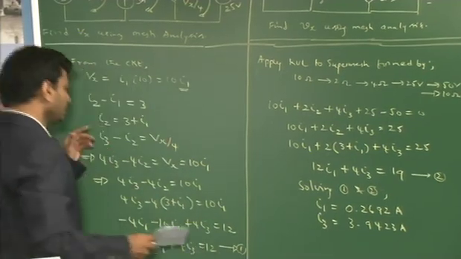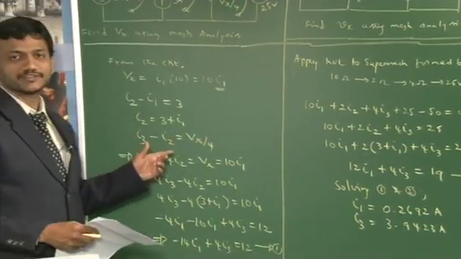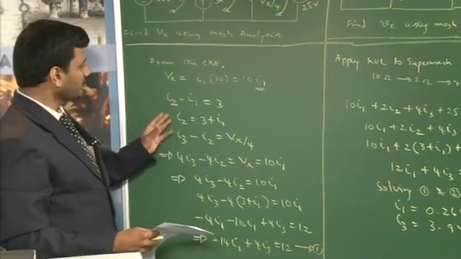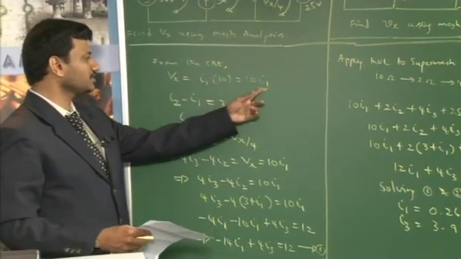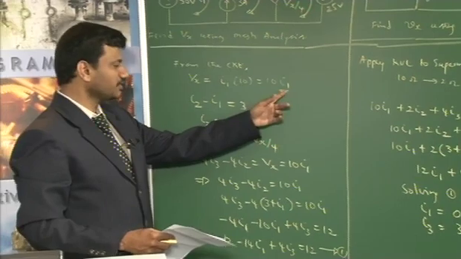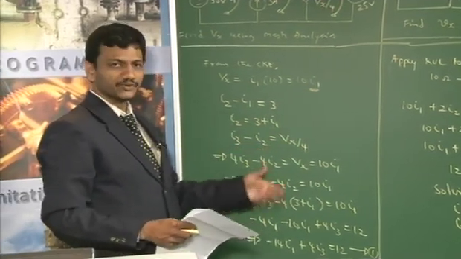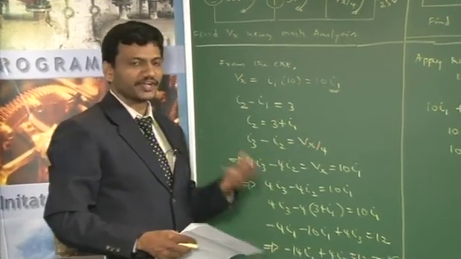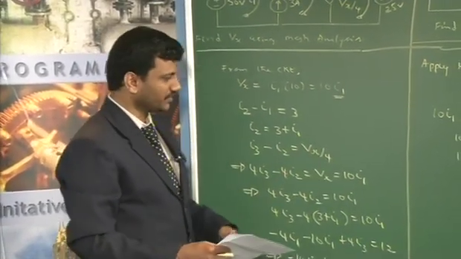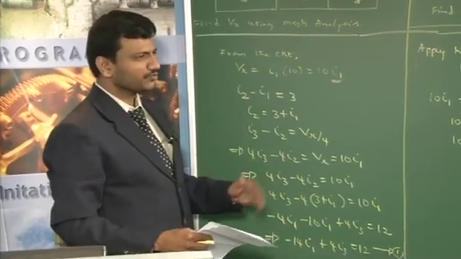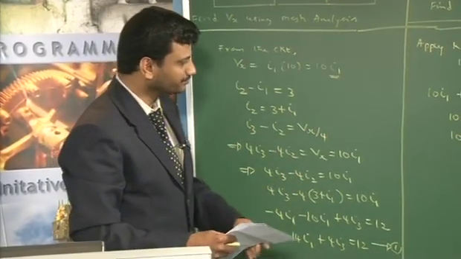But here we wrote I2 in terms of I1, because we knew I1 is the most required parameter. So, I2 gets eliminated, and I1, what we actually require, will remain in the equation. You can do otherwise also, but there will be one step extra, that is all.